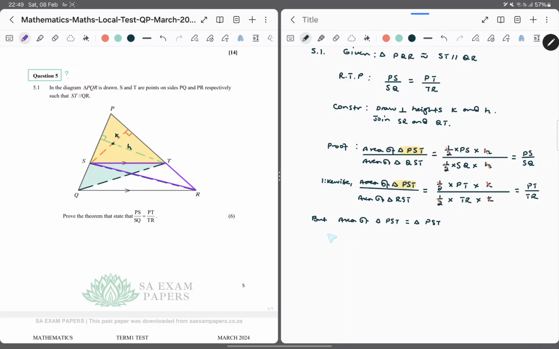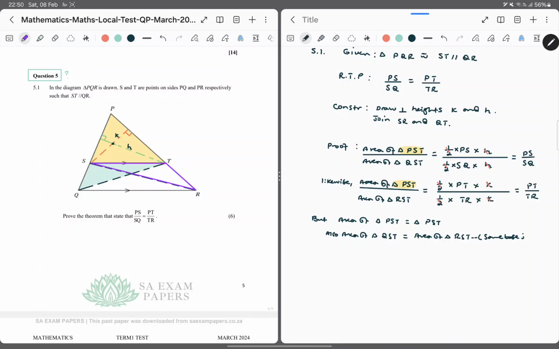And we can say also, we know that area of triangle QST should be equal to the area of triangle RST. Why? If we look at these two triangles, this purple one and the green one, we will notice that these two triangles have the same base, ST, right? So the reason is that same base.